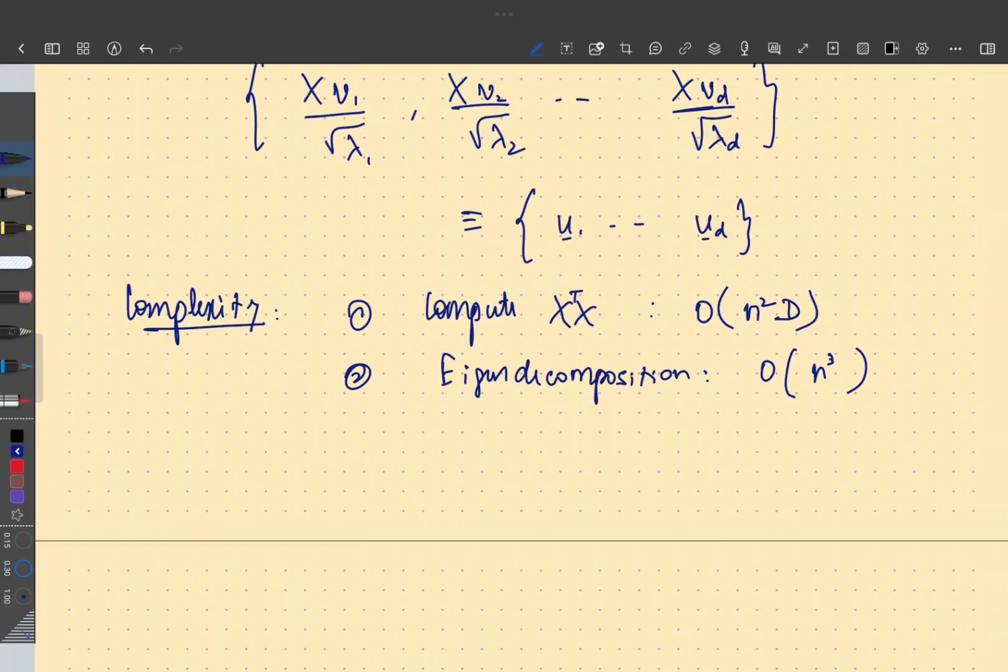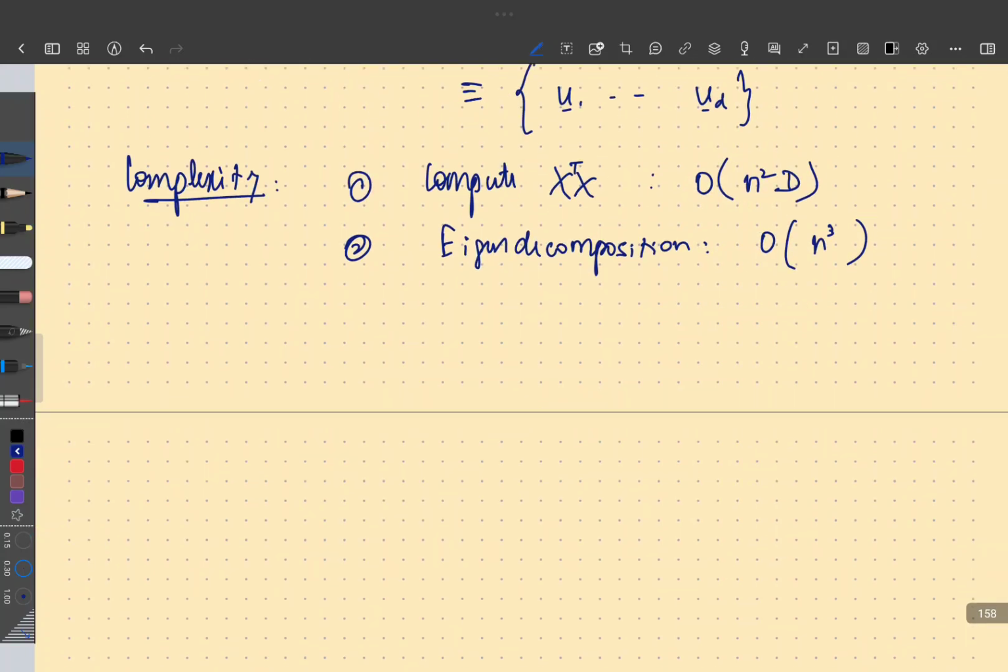So when d is much larger than n, this is obviously beneficial. This also helps us if we want to do PCA not in the ambient space but rather in the kernel space, right?